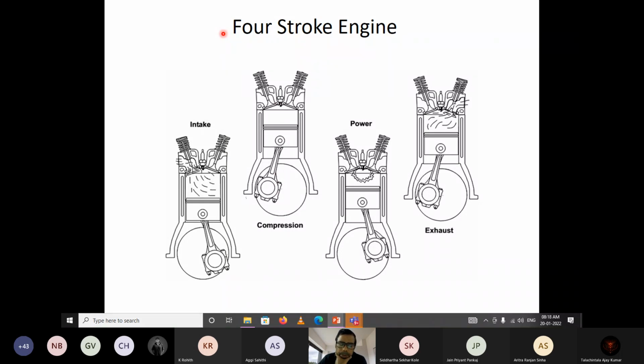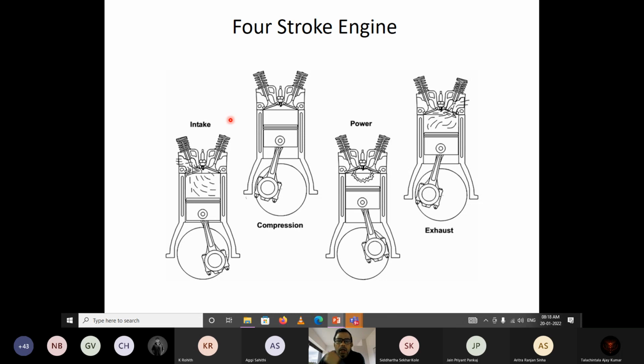Nowadays, most of the reciprocating engines are 4-stroke engines. 4-stroke means it requires 4 strokes of the piston to complete one cycle or to produce one power stroke.